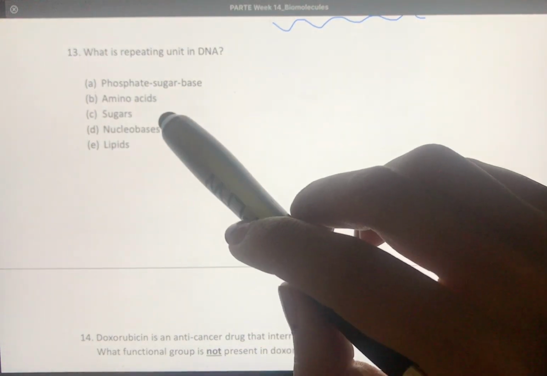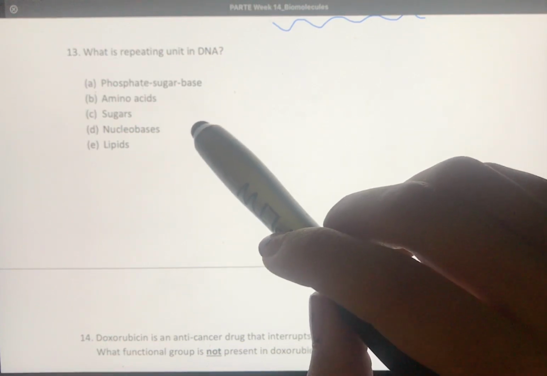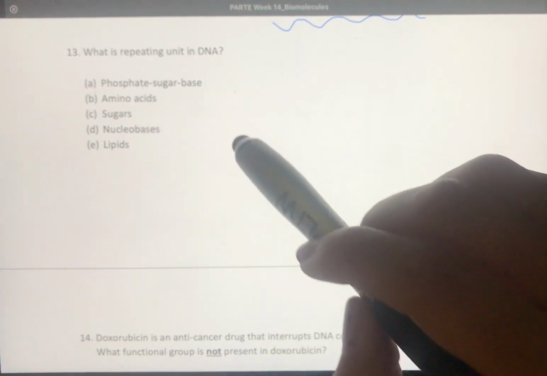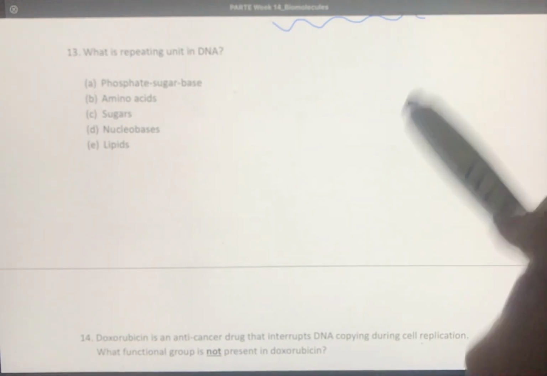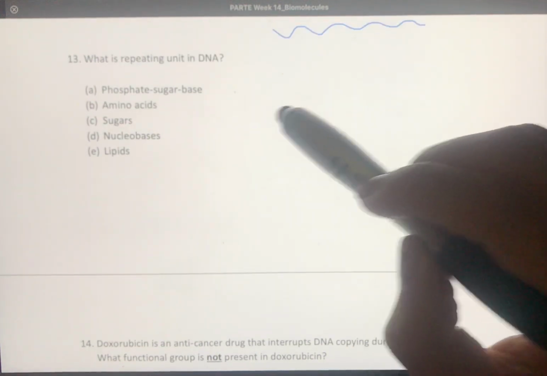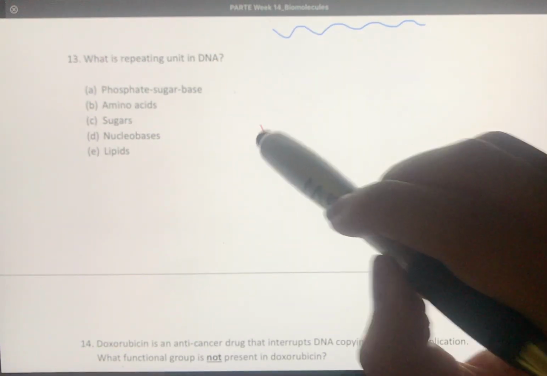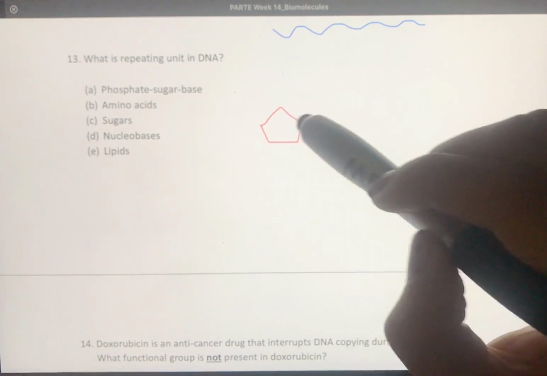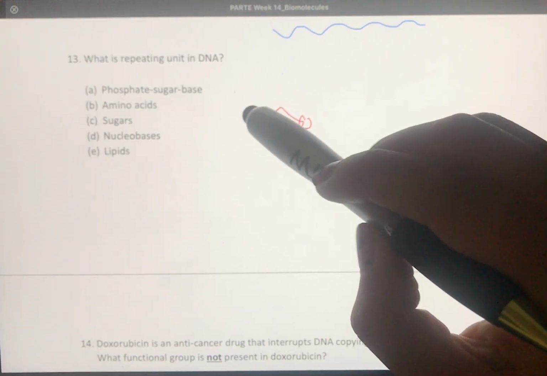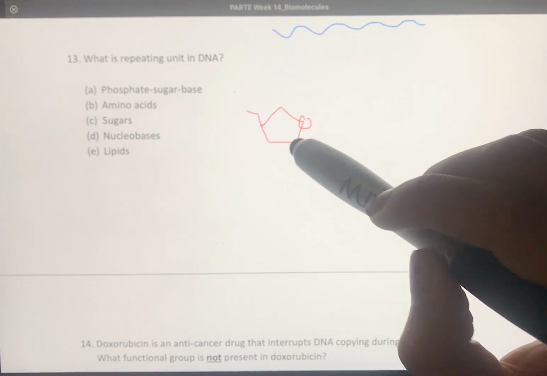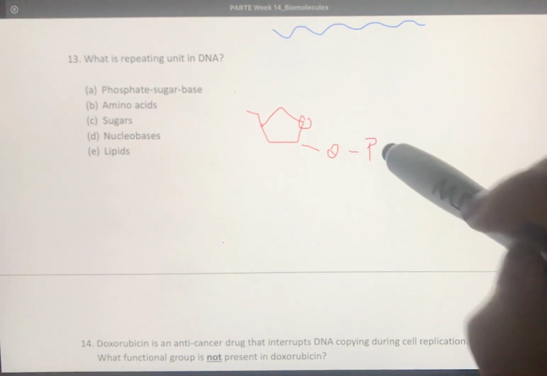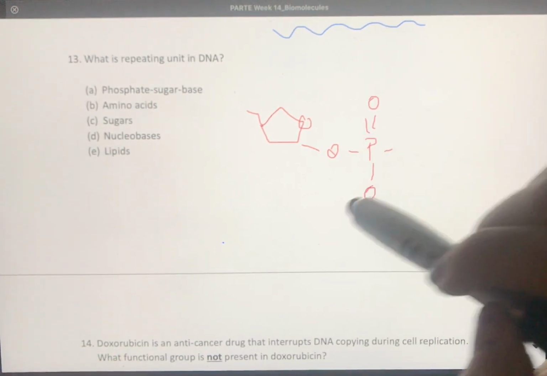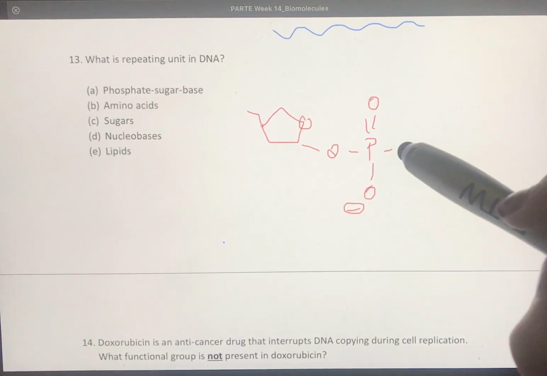It's going to be answer choice A, because we need to have all three of these things for every monomer unit, because our chain is made up of our sugar, and then we have a phosphate group, which is negatively charged, and then we have our base.